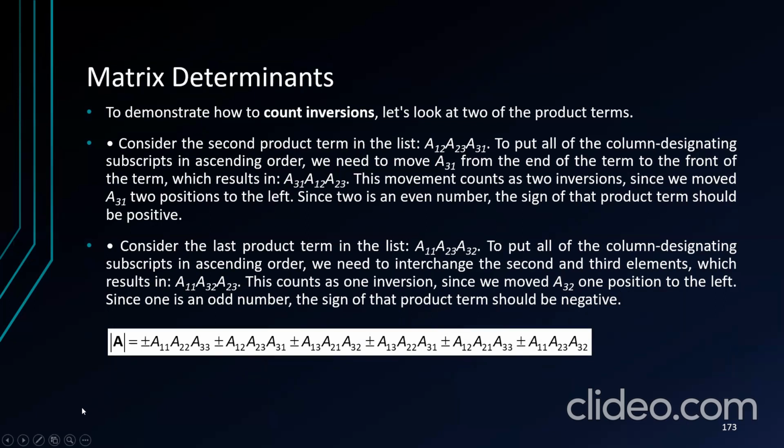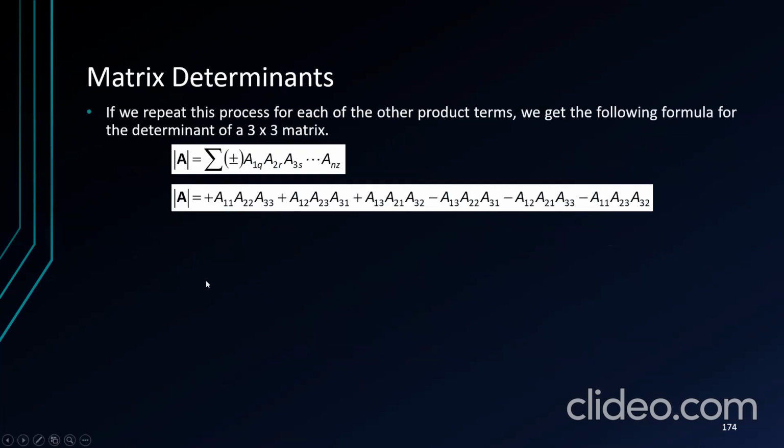So this is minus. Ganun na rin dito sa iba. So this is no inversion tong una. 1, 2, 3. So positive. If we repeat this process for each of the other product terms, we get the following formula for the determinant of a 3x3 matrix. Yan. Okay. Kita nyo dito lahat ito nag-minus.